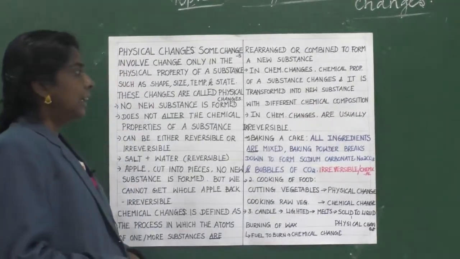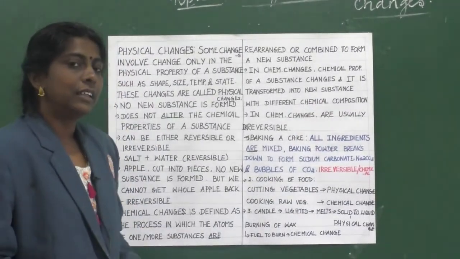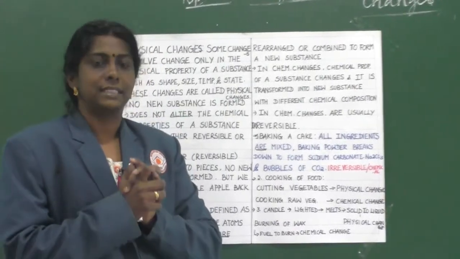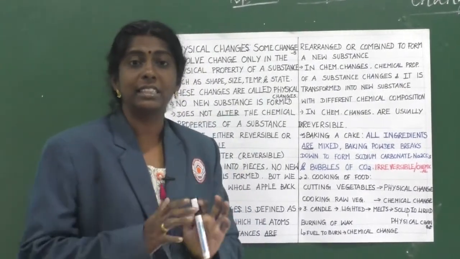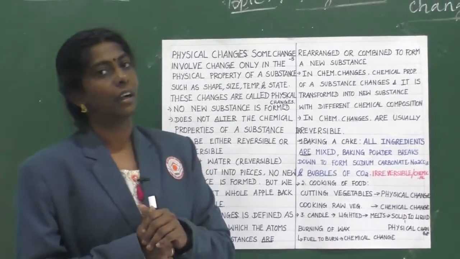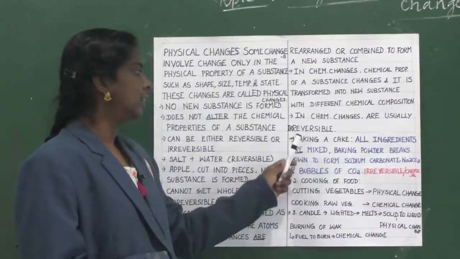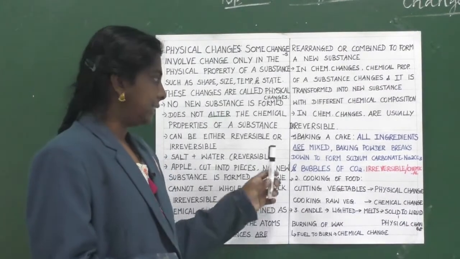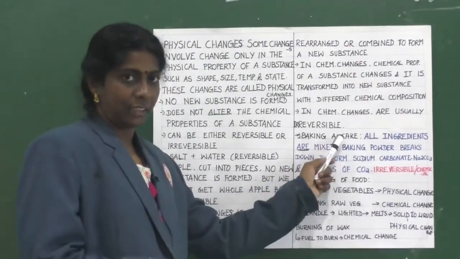Clear? Chemical changes are usually irreversible. Clear? So, for an example, baking a cake.